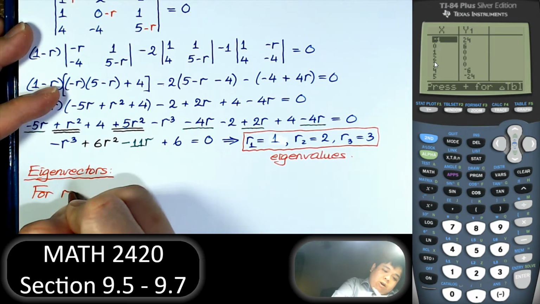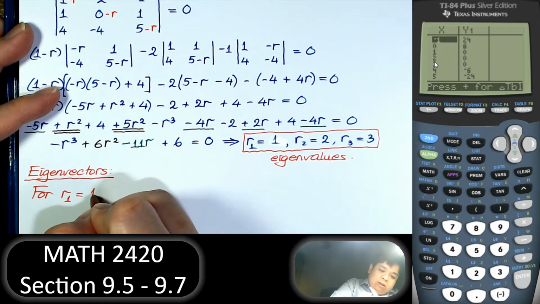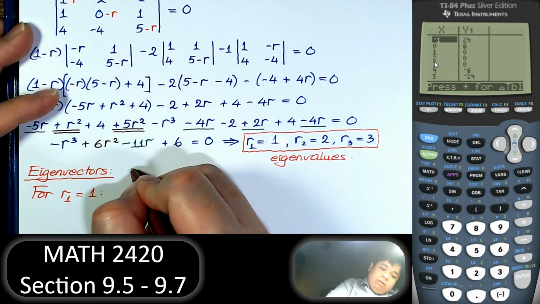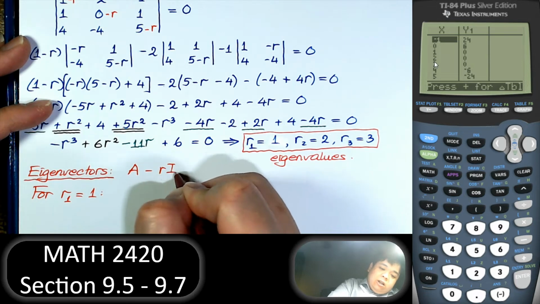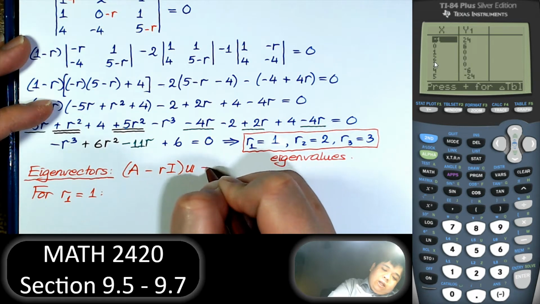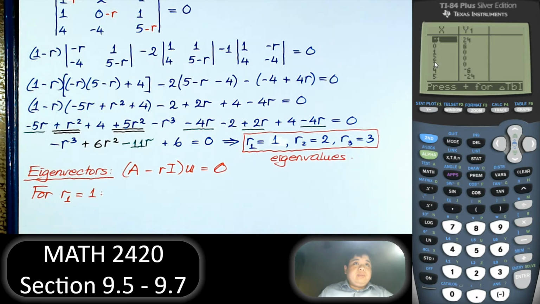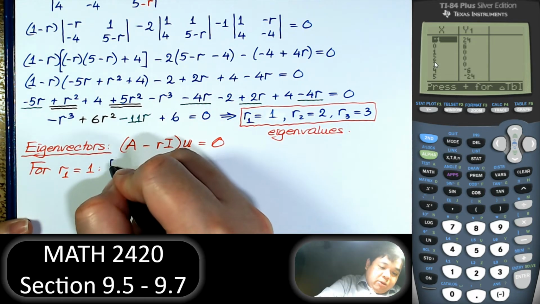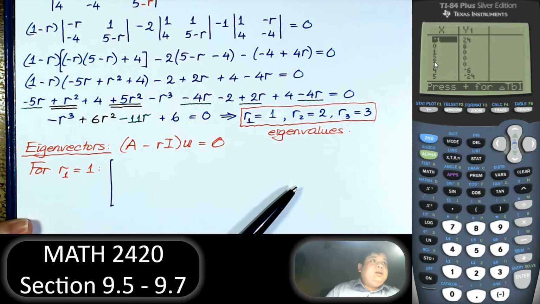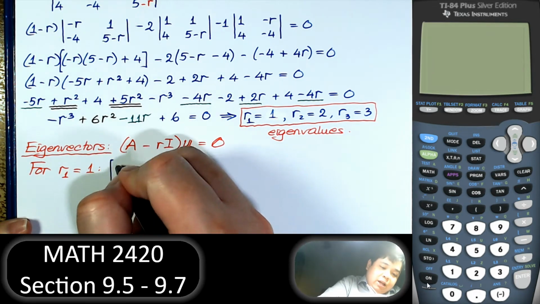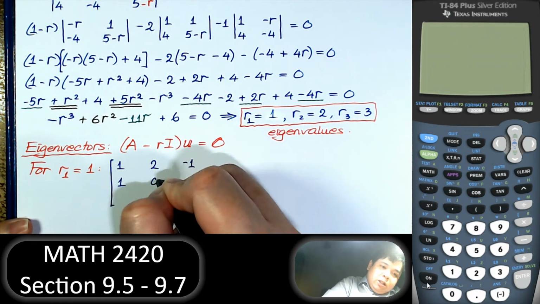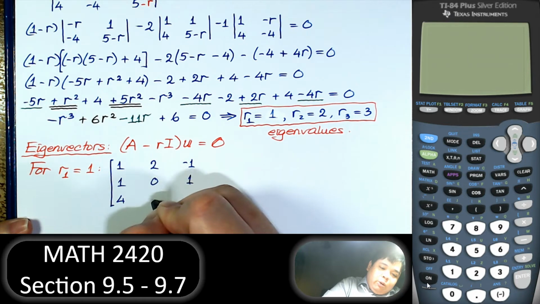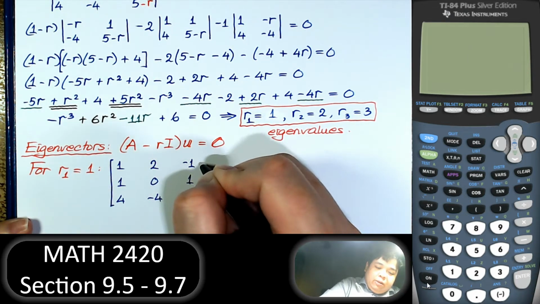First, for r1 equal to 1. For the eigenvectors, we solve the equation A minus r_i times vector U equal to the 0 vector. So what I do is the matrix A, 1, 2, negative 1, 1, 0, 1, 4, negative 4, 5.